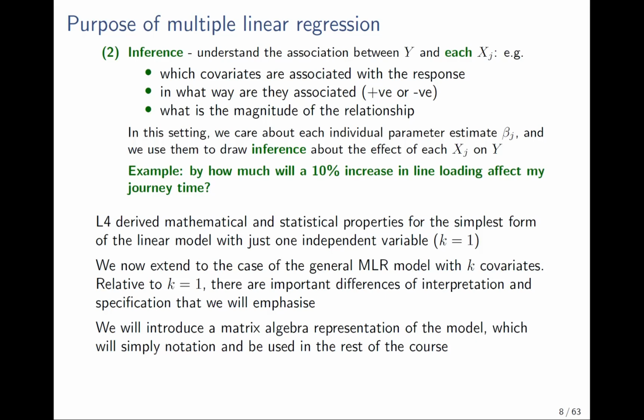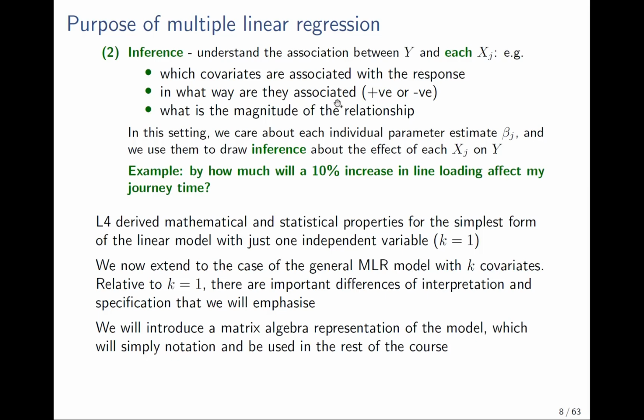The second is inference, and inference is all about, rather than predicting, understanding the association between y and each individual component of our matrix X, each individual xj. So we want to know how y is related to each and every xj in the model. And so the sorts of things we're interested in are which covariates are actually associated with the response, which are not associated.